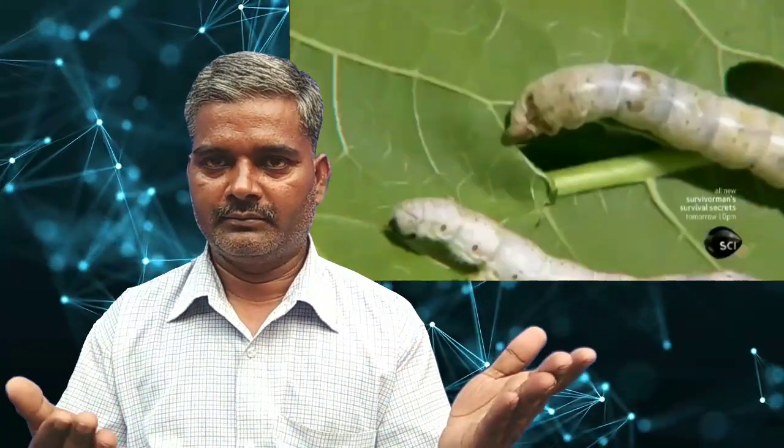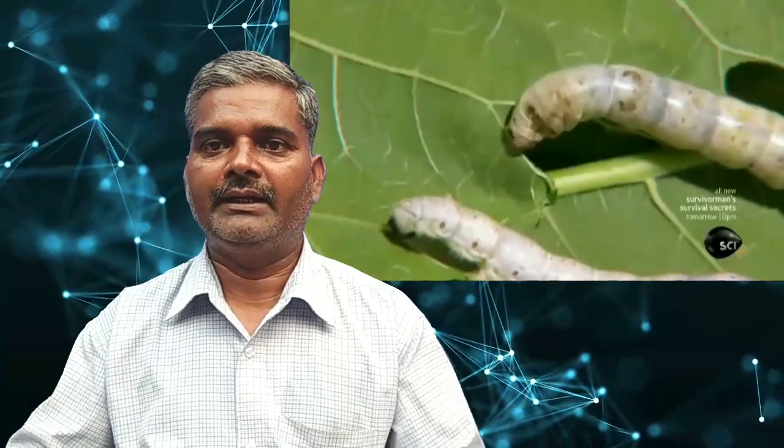After hatching, the silkworms or caterpillars are placed over finely chopped mulberry leaves. You know mulberry leaves? I hope you eat mulberry fruit.